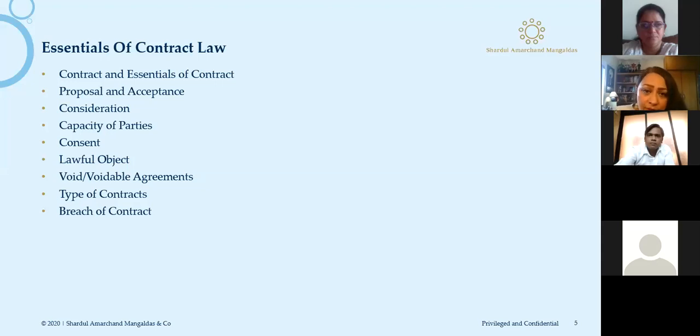enter into the contract. So for example, when you're contracting on behalf of the company, it is not enough for one to be even a manager or an officer of the company to enter into the contract. The person has to be duly authorized.